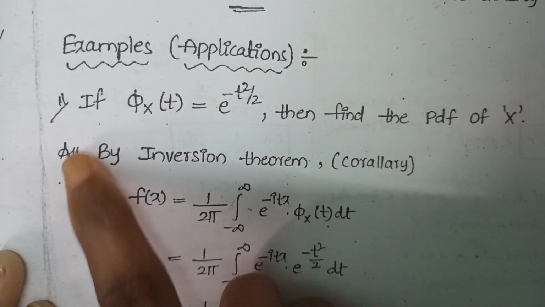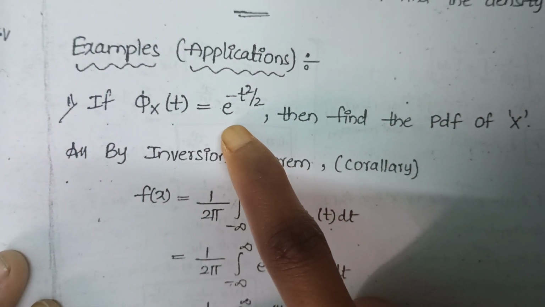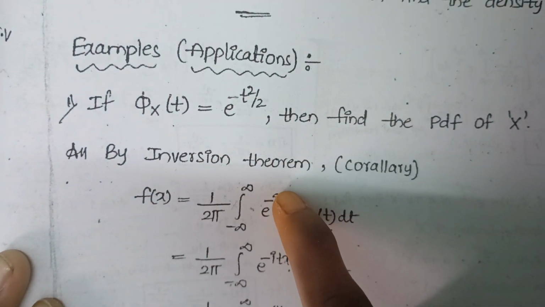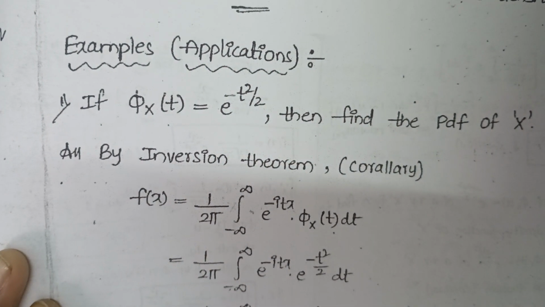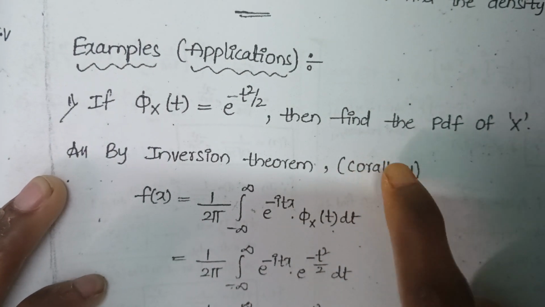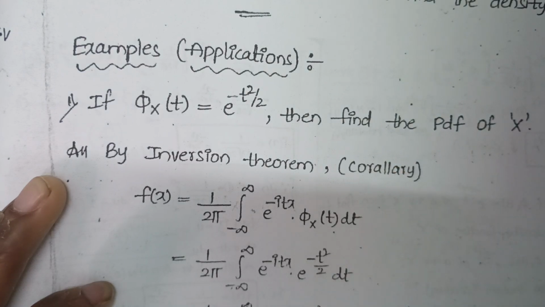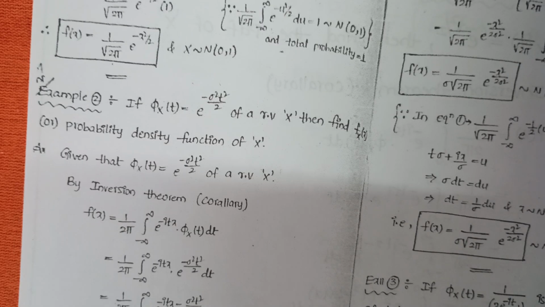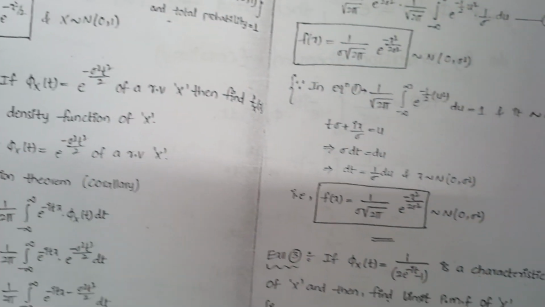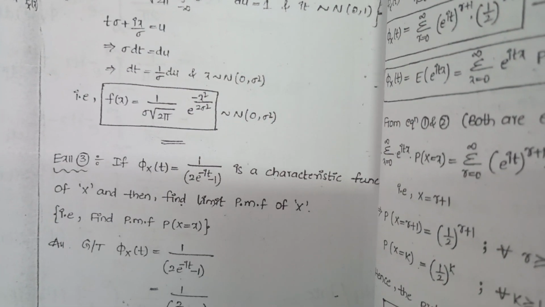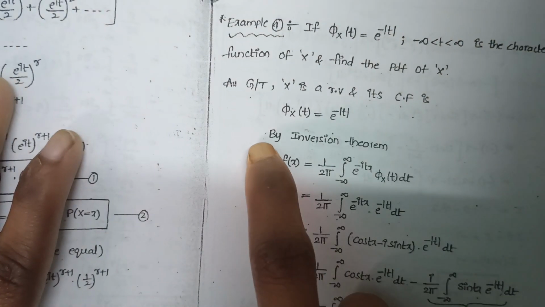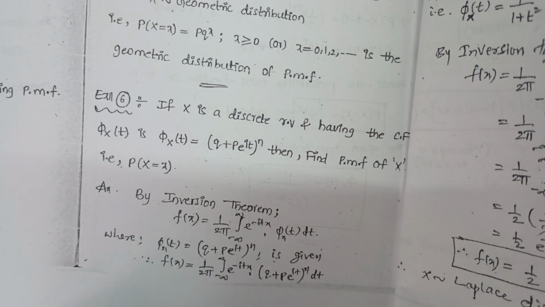They will give a function, and whether it is a characteristic function or not, you need to prove by the inversion theorem or another theorem. They will give problems like this. This is expected for the long answer type question from Unit 1. And these are the other questions: example 2, example 3, example 5 and example 6.